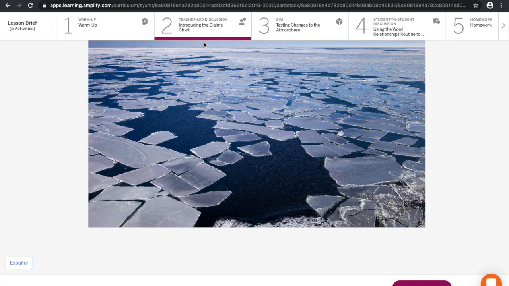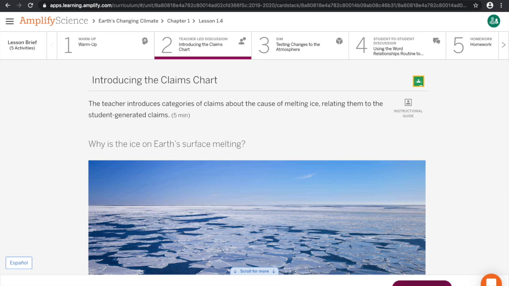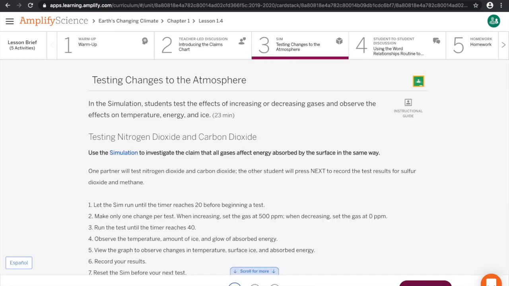So we know that the sun is what makes us hotter or colder. The amount of sun that we absorb makes it hotter or colder. And right now, with ice melting, we can assume that the global temperatures are going up because ice melts when it's warmer. So we're going to look at the gases to find out what's going on in our atmosphere.